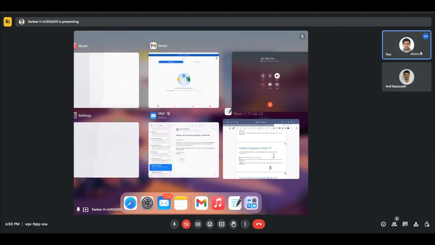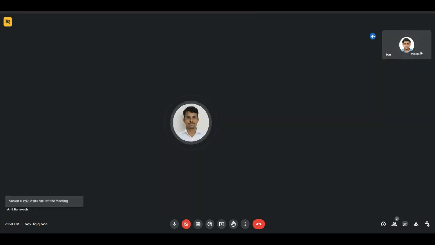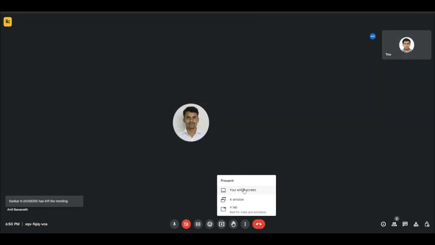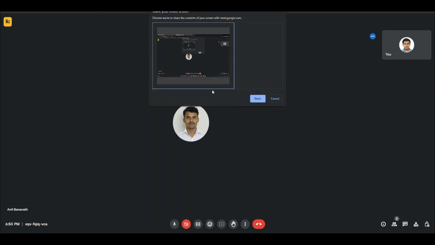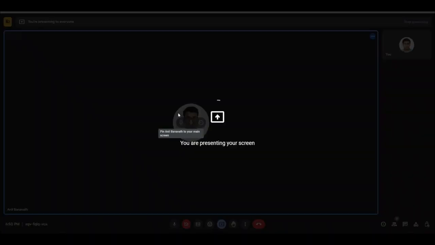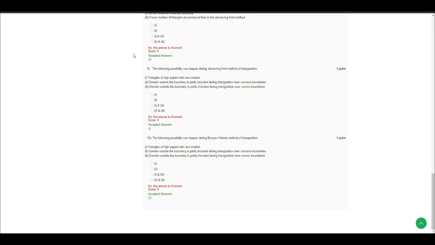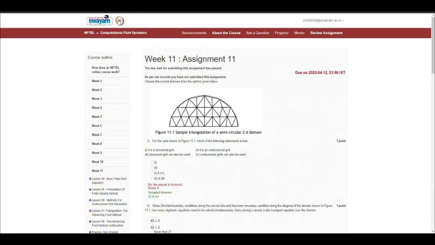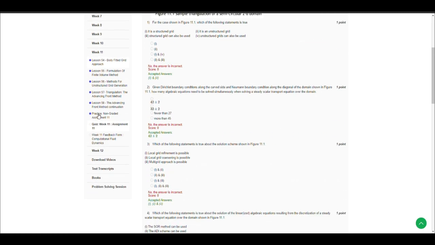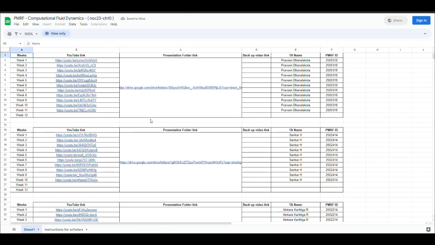Okay, hold on. Let me see if I can share my screen for you. Is the screen visible? Yes, sir, I can see. Okay, so this is the Swayam website, right? You are able to see this? Yes, I can see all those things. This is a problem solving session that's given over here. You can click on this problem solving session and you'll be taken to a link that showcases all the three TAs.